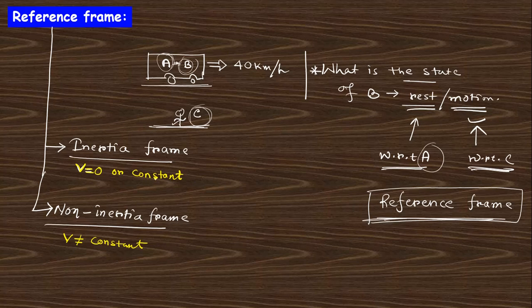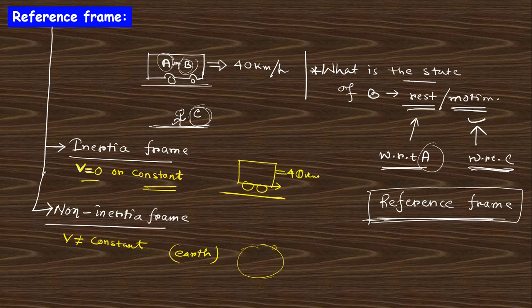Suppose there are very many non-inertial frames. Suppose our Earth is a non-inertial frame because its direction of velocity always changes, so the velocity is not constant. So this is a non-inertial frame, and an inertial frame is one whose velocity is 0 or constant. Suppose you have a bus moving with constant velocity, that is 40 kilometers per hour.